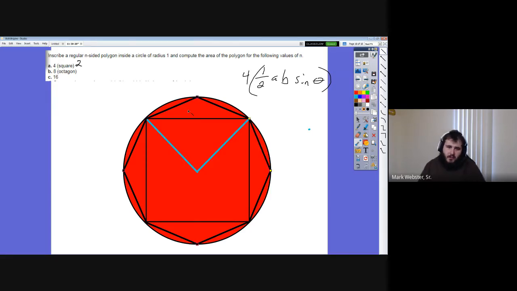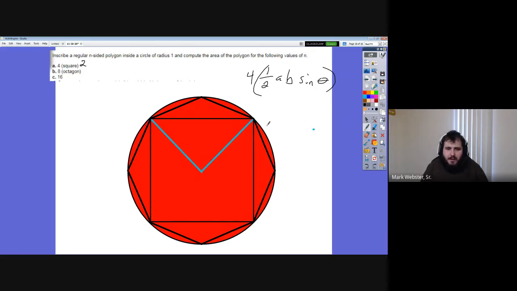But look, here we have an octagon, right? And what we want to do now is the exact same thing. Well, wait a minute. Hold on. Now we can do the exact same thing. I just basically cut the angle in half. Each of these is still 1, but now this is a 45-degree angle. And now instead of there only being 4 of these, there's 8 of these, right?